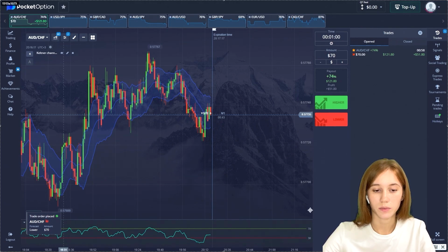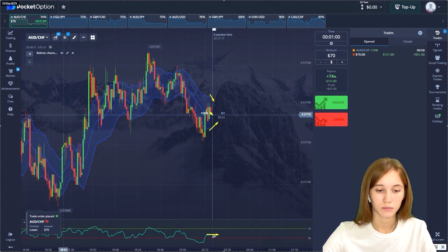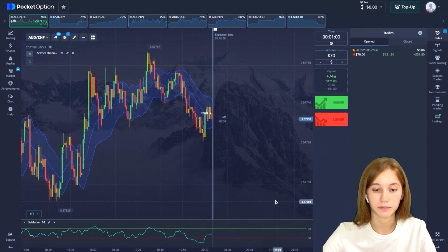So I think that we opened correctly, by Keltner. We see that the moving average is down. It's a good signal that we opened correctly.